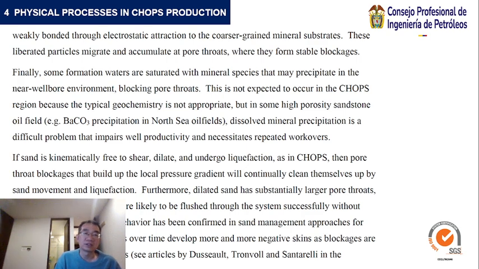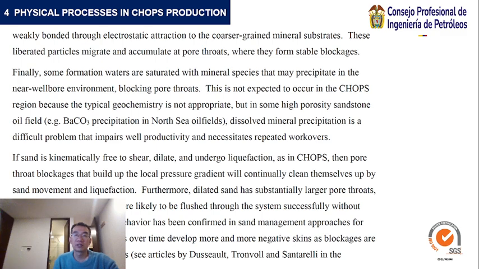Finally, some formation waters are saturated with mineral species that may precipitate in the near wellbore environment, blocking pore throats.